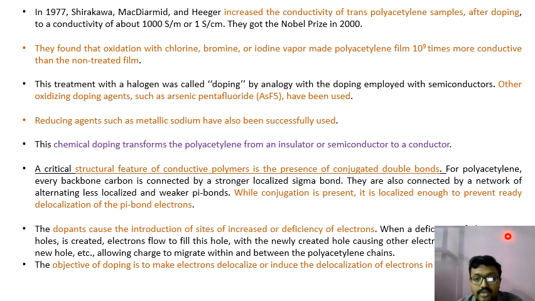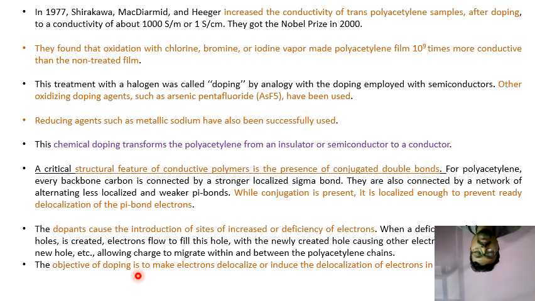When a deficiency of electron or hole is created, electron flows to fill this hole, and the newly created hole causes other electron to flow to fill the hole, allowing the charge to migrate from one side to another side of the polyacetylene chain. So the main objective of use of dopant is to facilitate the delocalization of the electron and make the polymer much more conductive.